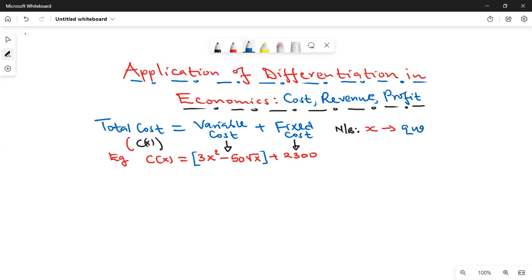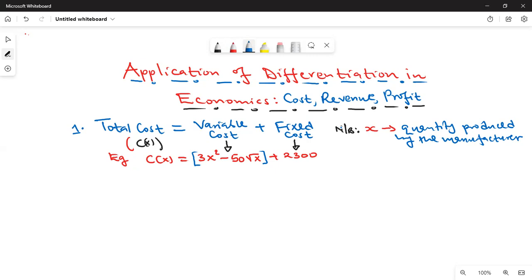So we are going to refer to that as X. The C of X there stands for the cost function. So usually total cost is equal to variable cost plus fixed cost.